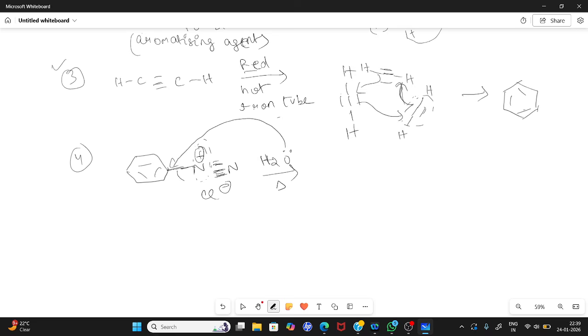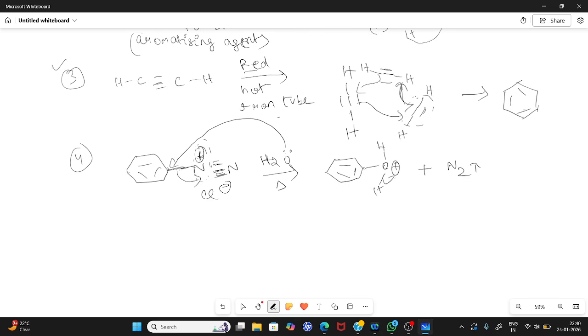And then this thing is removed. Now the positive charge on nitrogen would mean that nitrogen was electron deficient. Now it has attained the electron density from this bond, so it is no longer having positive charge. So we are just left with a benzene ring, and since water had attacked on this bond, this is H2O with a positive charge plus N2 as the byproduct.